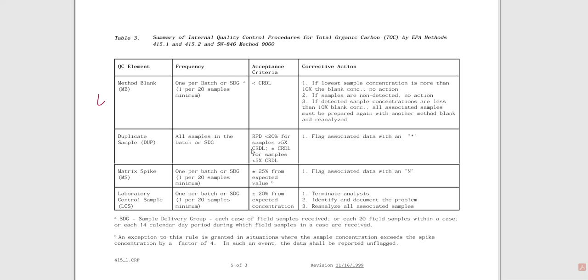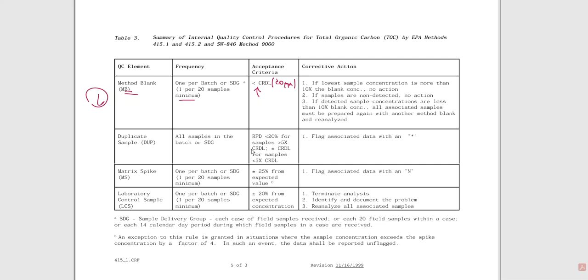Next is a method blank. And a method blank says 1 per batch or 1 per 20 samples minimum. Our method blanks need to be less than the CRDL, and for this particular table, that's 2 ppm. If the lowest sample concentration is more than 10 times the blank, then no action is needed.